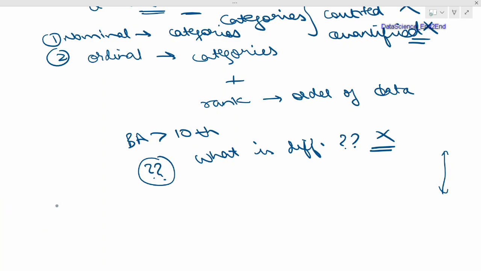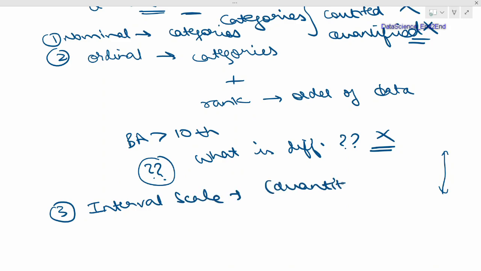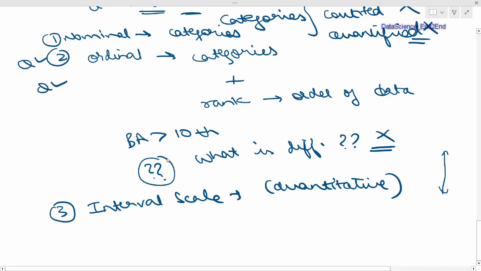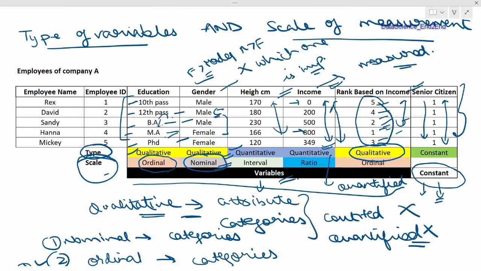That question is answered by our third type of scale of measurement, which is called interval scale. And interval scale is quantitative. The first two were qualitative variables, as I have mentioned here.